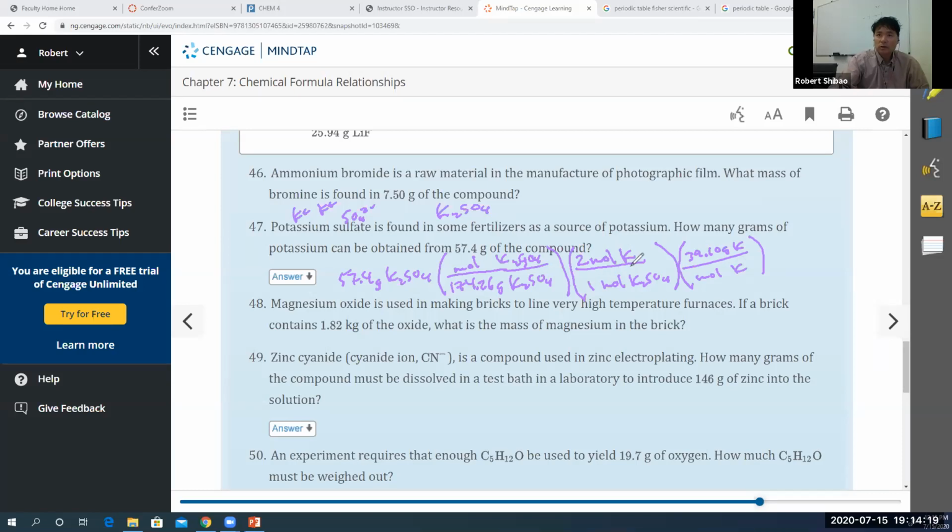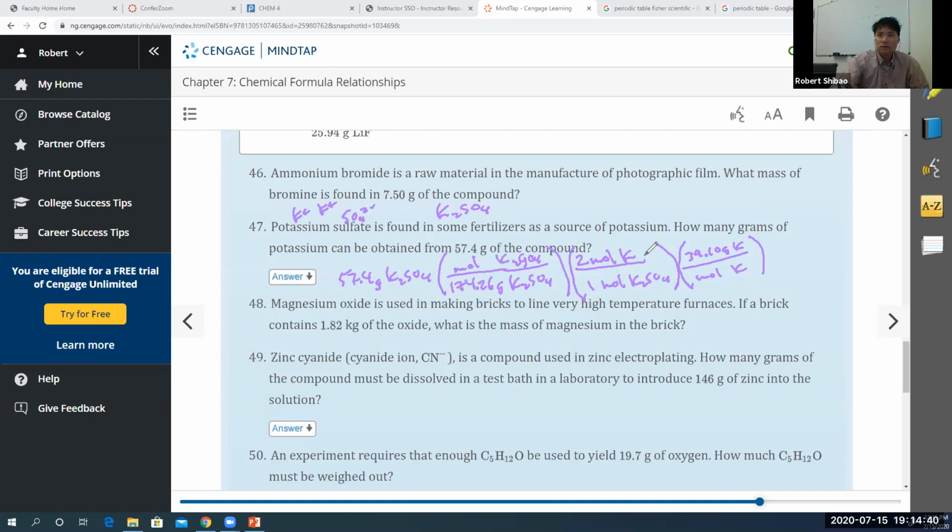Now this mole-to-mole conversion factor came from the chemical formula here, because the chemical formula is the atom ratio or the mole ratio. We could say 2 potassium atoms for every 1 K2SO4 formula unit, or 2 moles of potassium ions for every 1 mole of K2SO4 formula units.